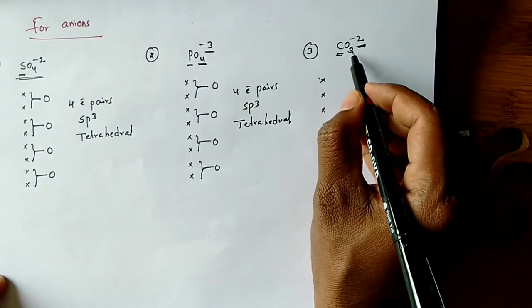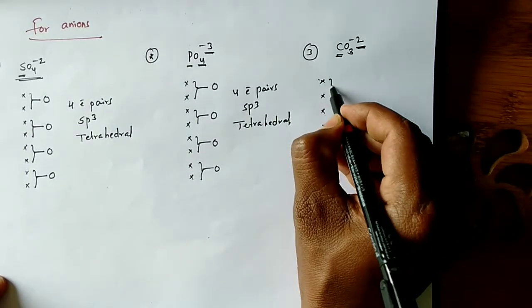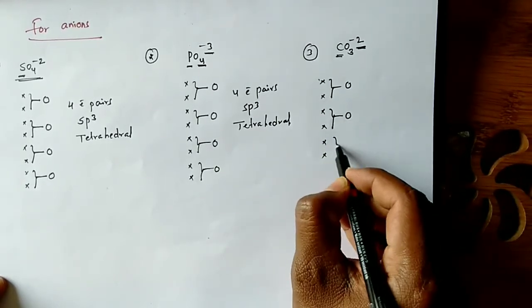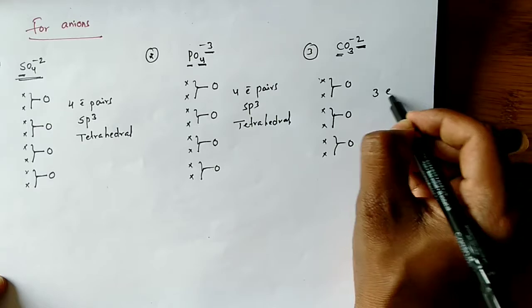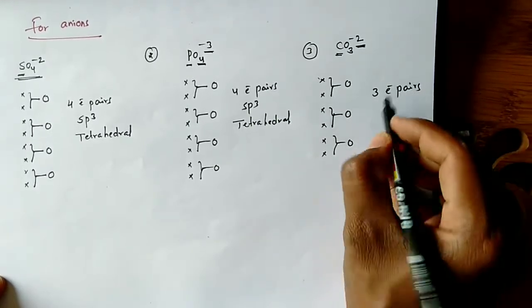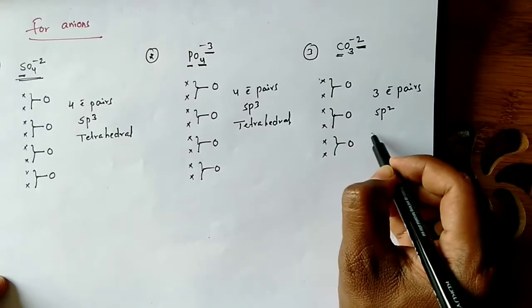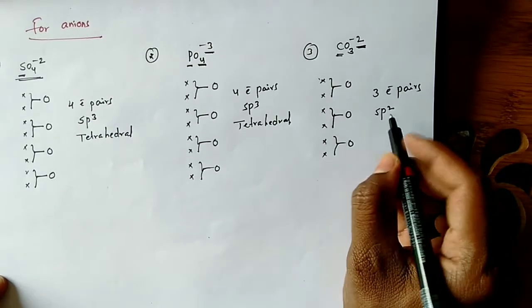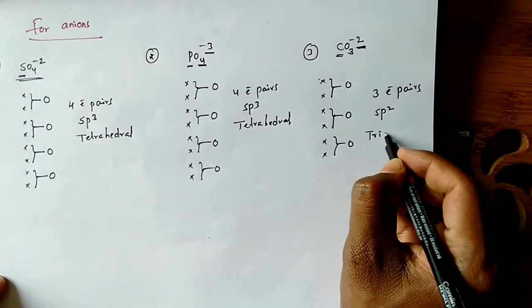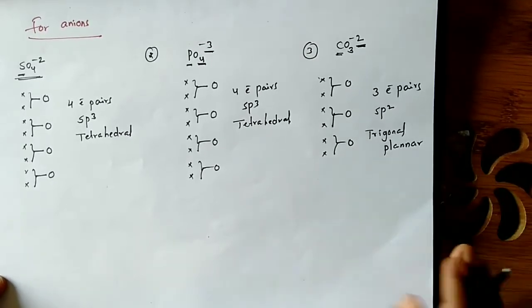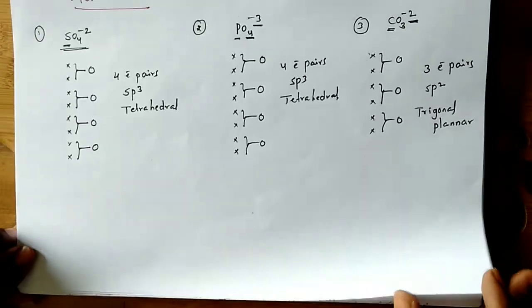Around this, oxygens again, each oxygen valency 2, each oxygen takes 2 electrons for bond formation. Total electron pairs, 3. It is sp2 hybridized. Is there any lone pair? No. So the structure of the ion is trigonal planar. This is for anions.